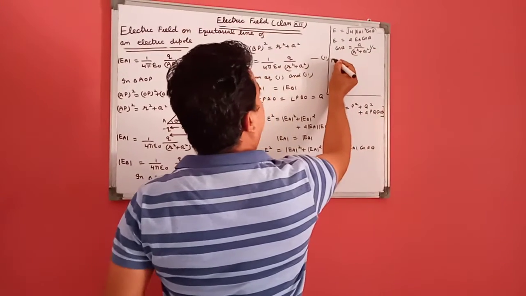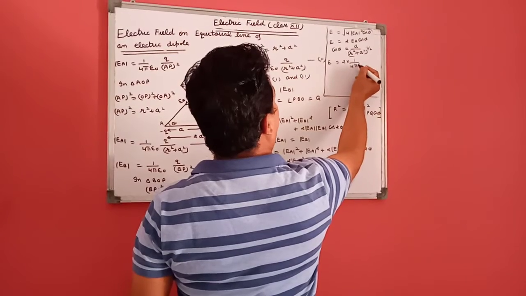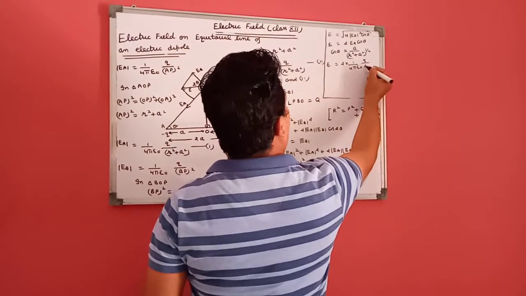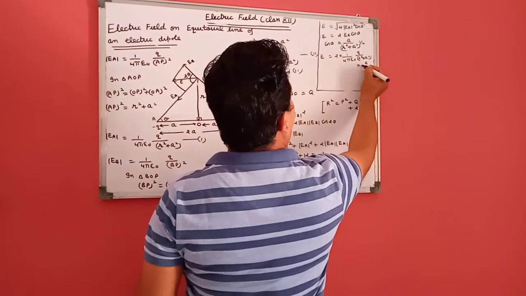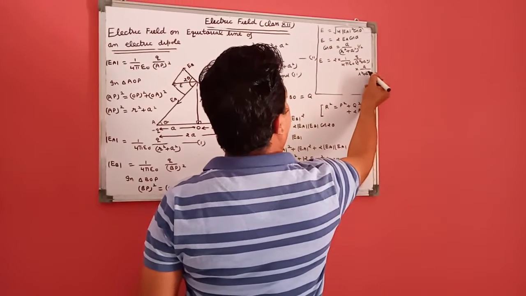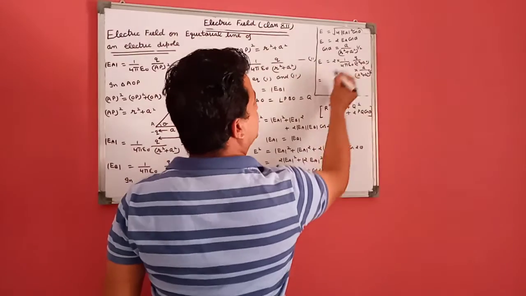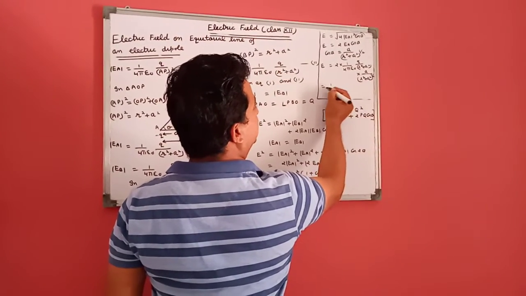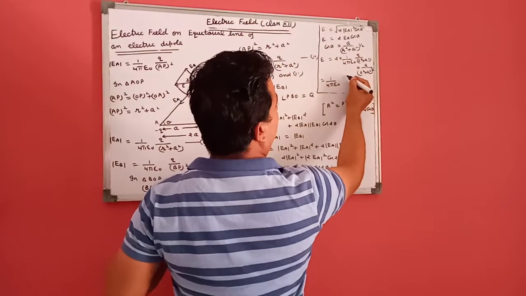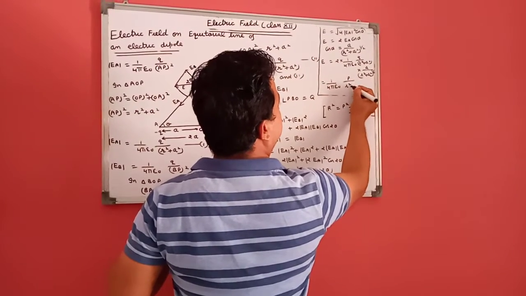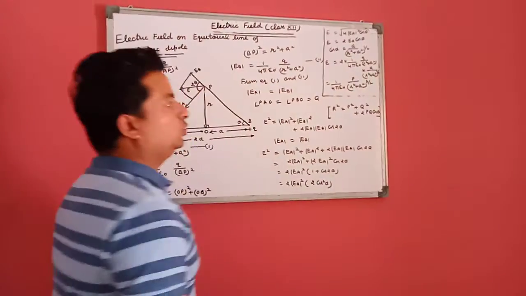So E is 2 into EA, which is 1 by 4 pi epsilon naught q upon r square plus a square, multiplied by a by r square plus a square whole power half. As we know, q into 2a is the dipole moment. So this becomes q into 2a is p, and this is r square plus a square whole power 3 by 2.